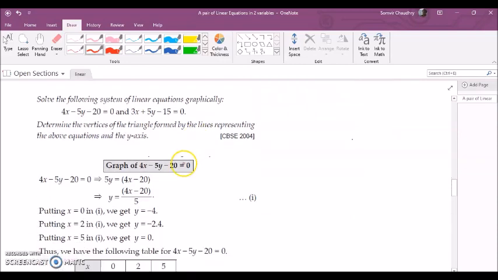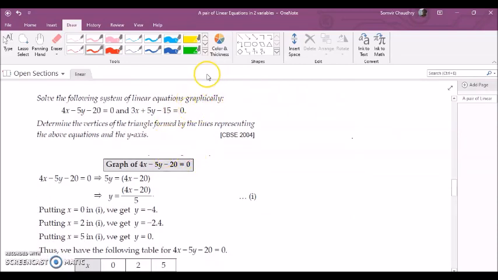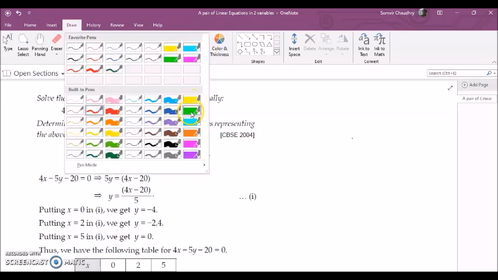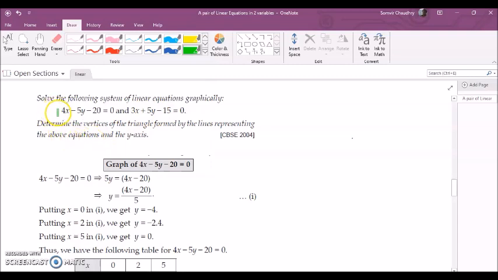How to draw a graph, how to represent an equation graphically, or you may say how can we find the graphical solution. Look at this, these are two equations. This is our pair of linear equations in two variables. First of all, we'll read the question.